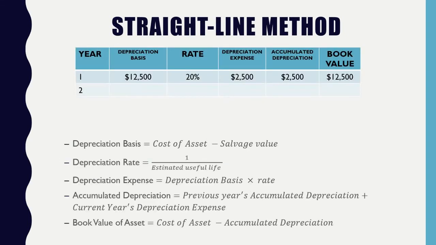So let's do year 2. My depreciation basis is my asset cost minus salvage value, so 15,000 minus 2,500 gives me 12,500. My rate is going to be 1 over the estimated useful life, so 1 divided by 5 is 20%. Basis times rate is going to be my expense, so 12,500 times 0.2 gives me 2,500.